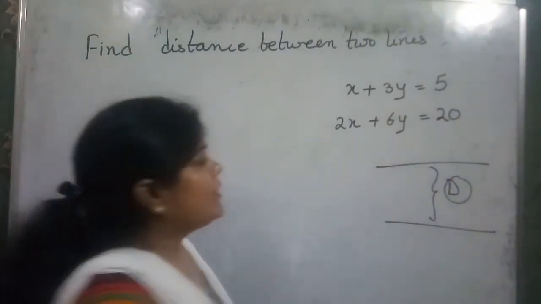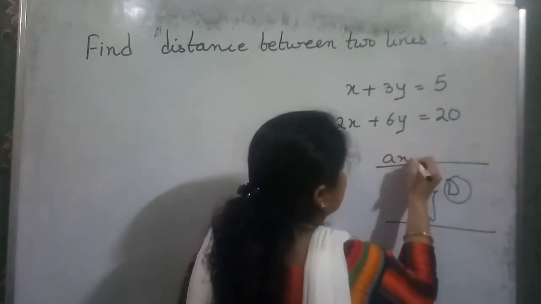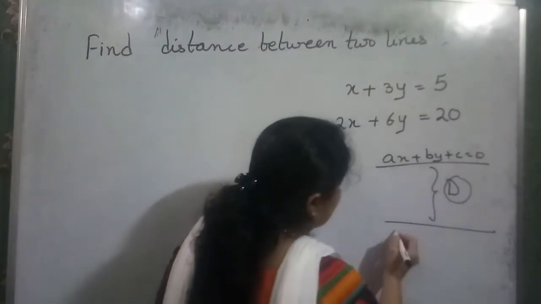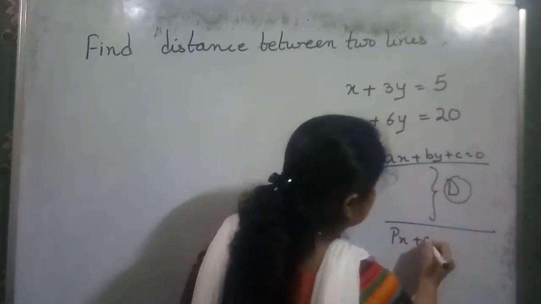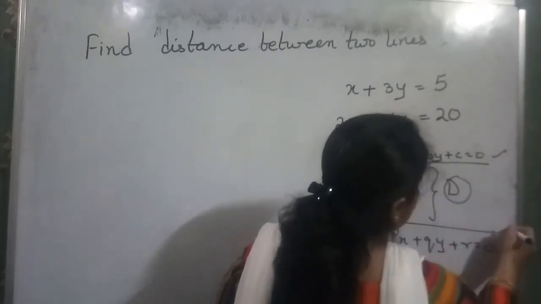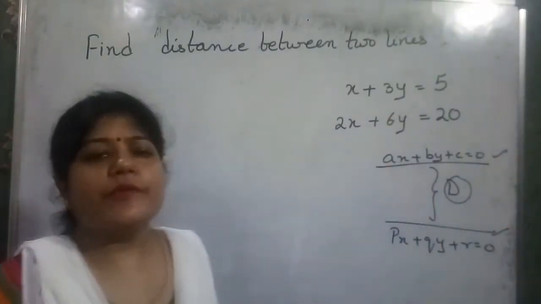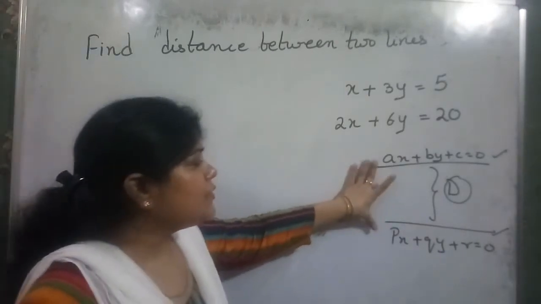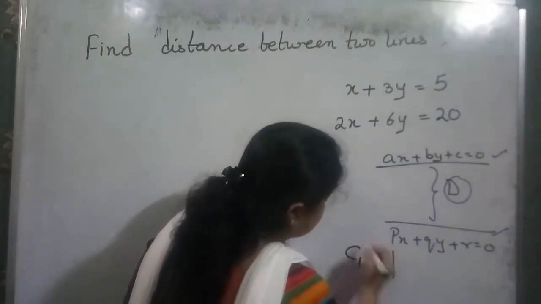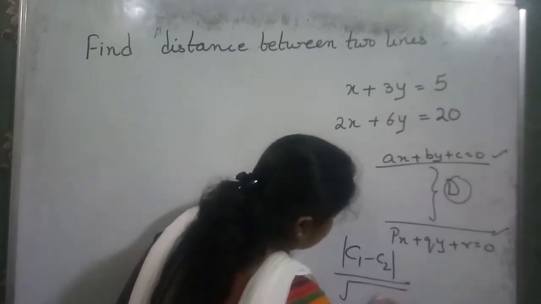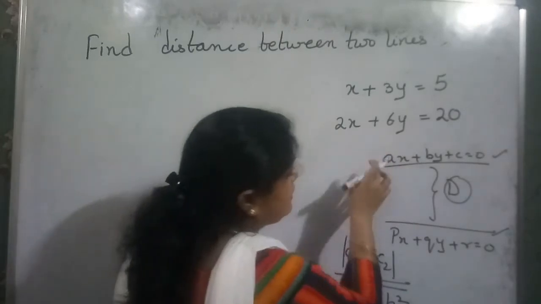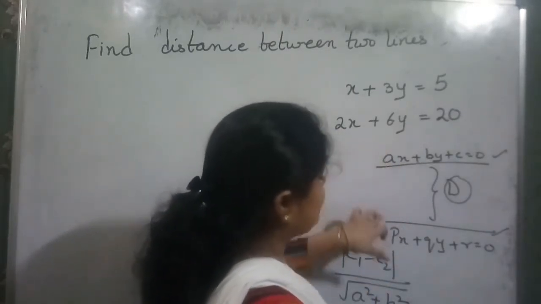For example, this line is ax plus by plus c is equal to 0, and this is px plus qy plus r is equal to 0. There are two lines and we have to find the distance between them. The formula for that is: mod of C1 minus C2 over under root a square plus b square. And the lines must be parallel to each other.